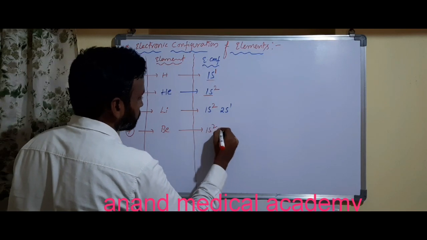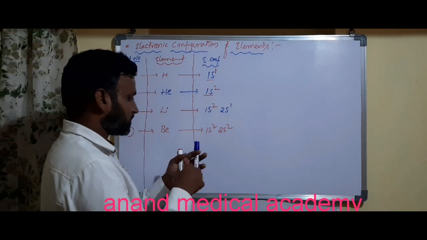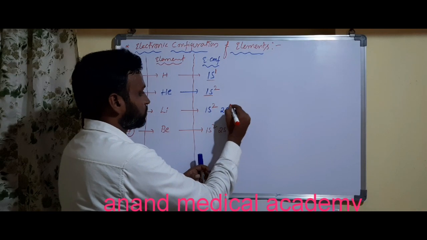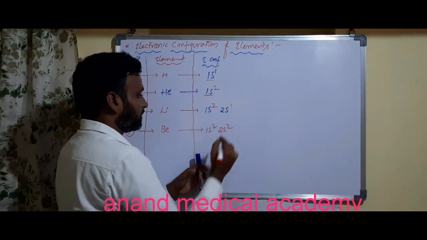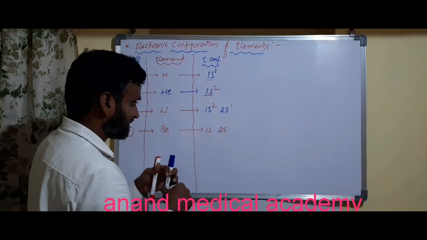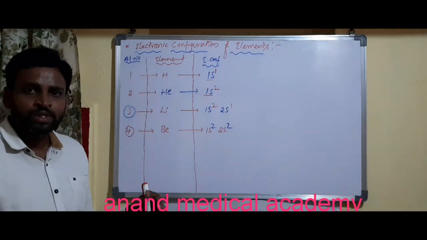Beryllium is 1s2, 2s2. Just for understanding, here I wrote 1s2, 2s1, and here I am changing it: 1s2, atomic number 4, and 2s2.